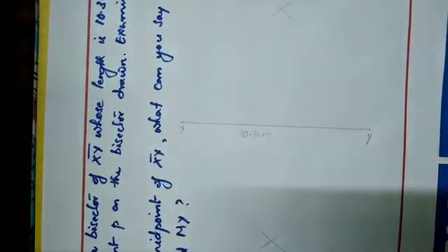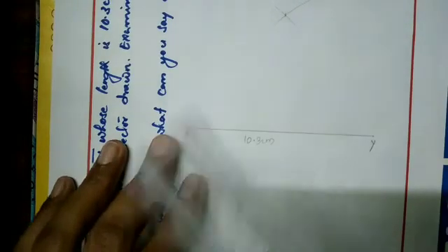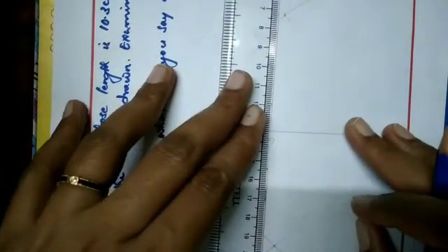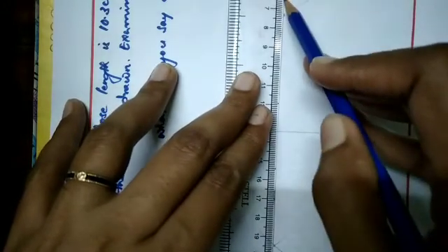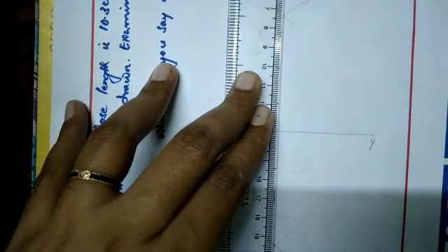Then join the points of intersection using a ruler.